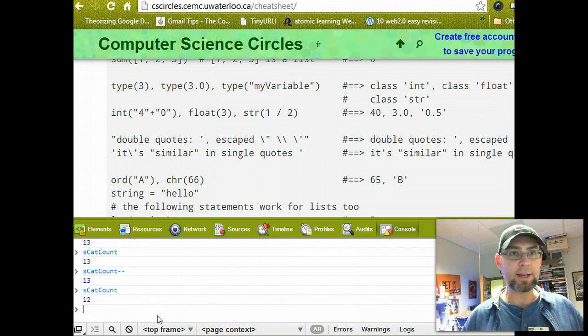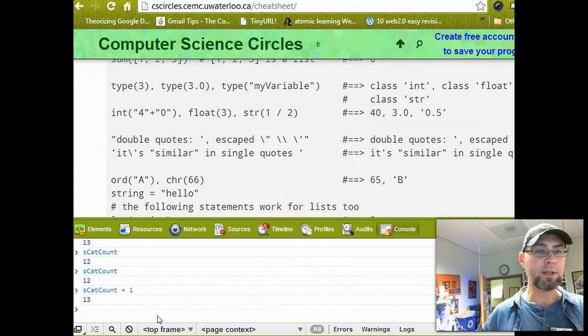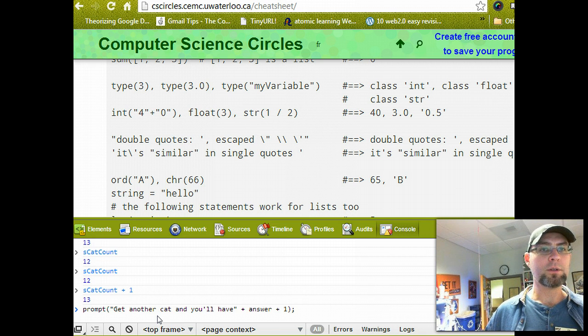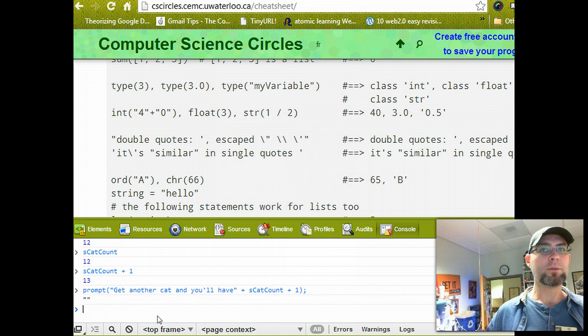So in this case, I've got S cat count, and it seems to be a number, and I put S cat count plus 1 and it gives me 13, and I go back to that earlier. I'm just hitting the up arrow. I say prompt, and I'm going to change the answer to S cat count, and whoops, I didn't even mean to do the prompt.